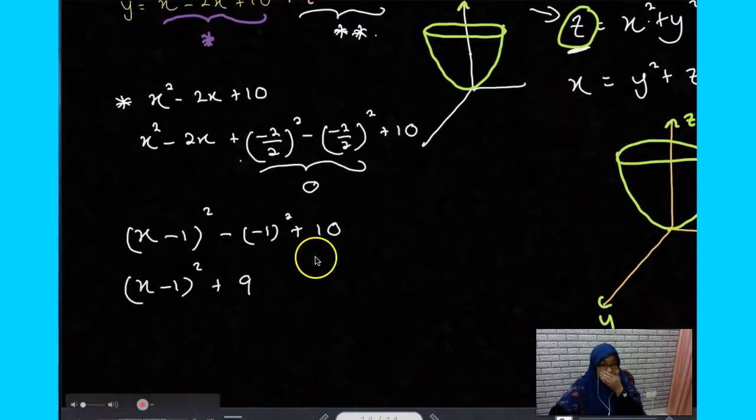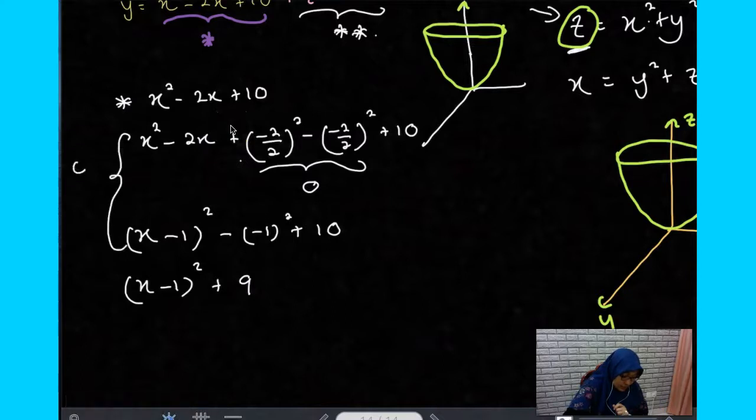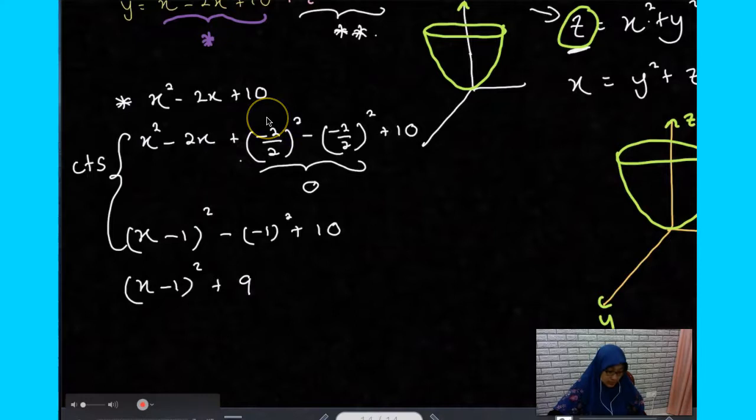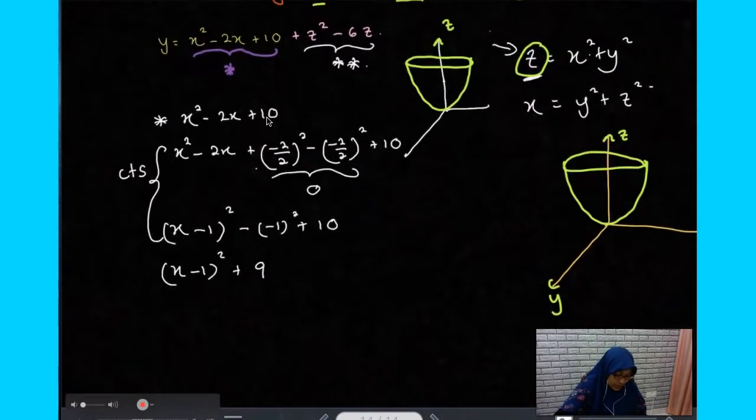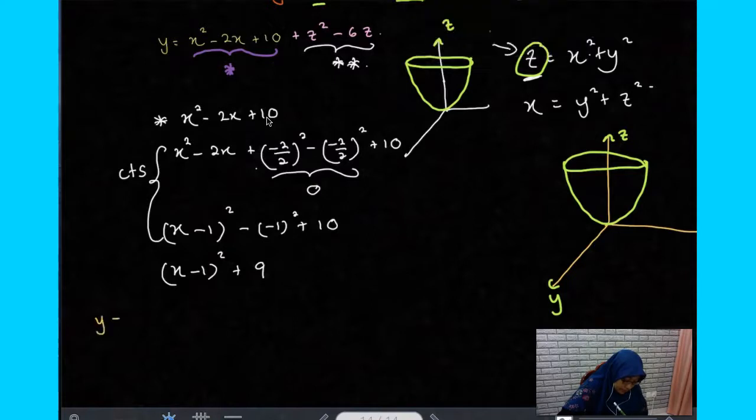Okay, so this is the new form of the star here, where I implement the completing the square technique. Okay, so now I can rewrite the form y equal to, I replace the new form of this, which is x minus 1 squared plus 9.